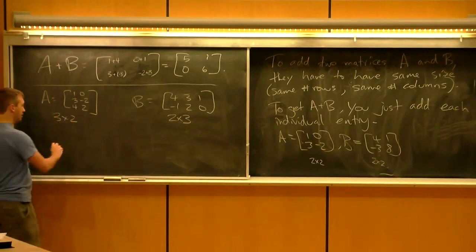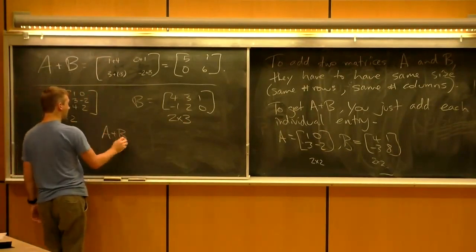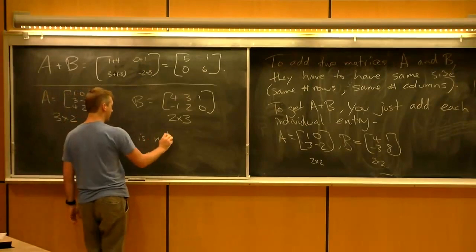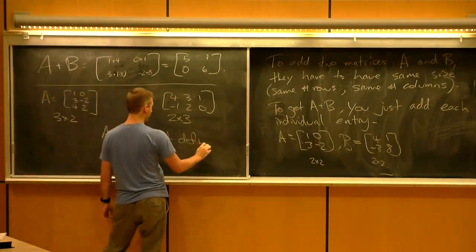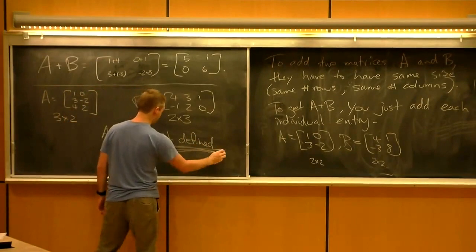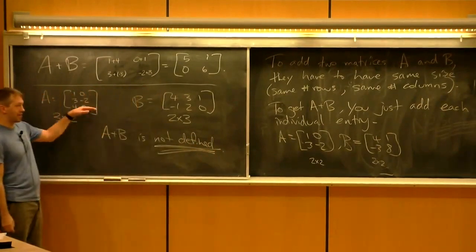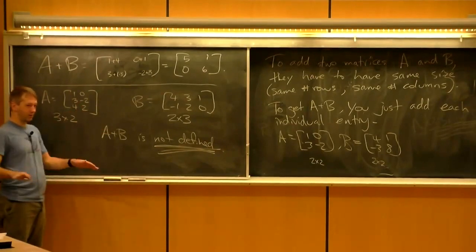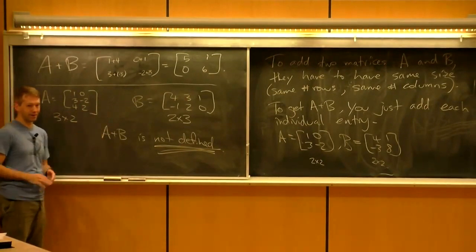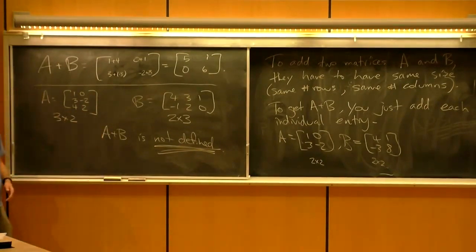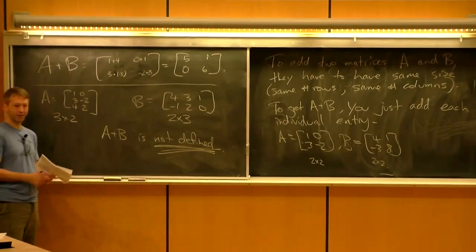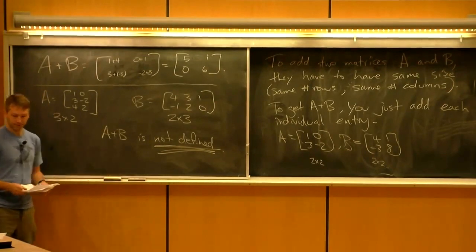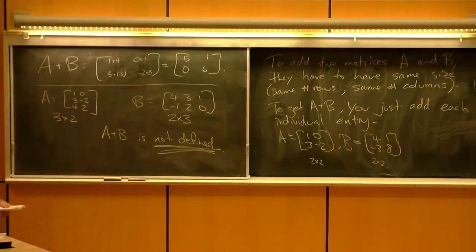So in this case, for this A and B, A plus B is not defined. If somebody asked you to compute A plus B in this case, it'd be a trick question. You should just say, I can't do it, it's impossible, there is no such thing as A plus B in this case. Any questions about that?